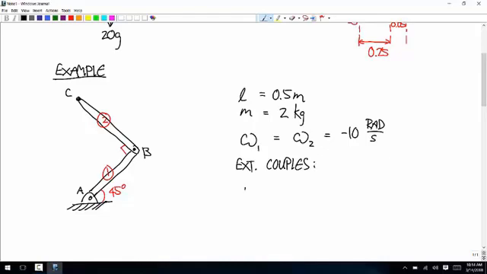So I'll say M1 is positive 100 Newton meters, and M2 is negative 100 Newton meters.